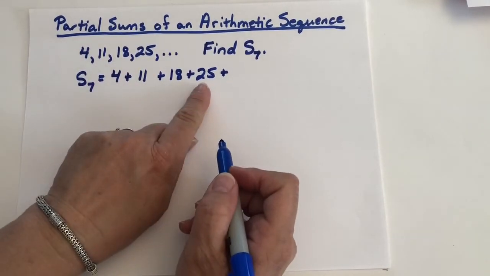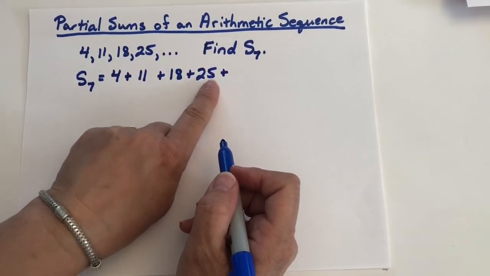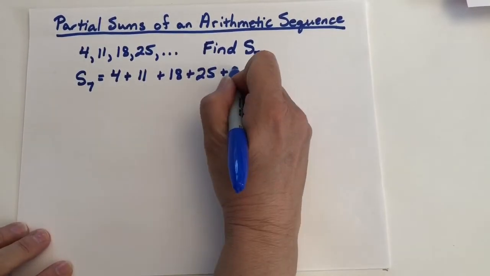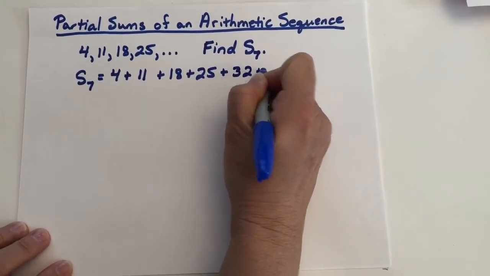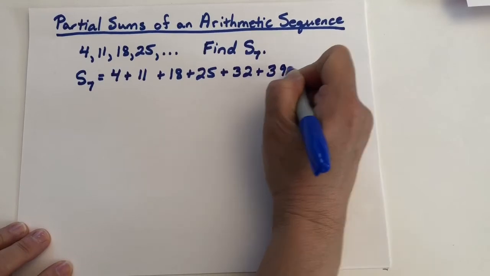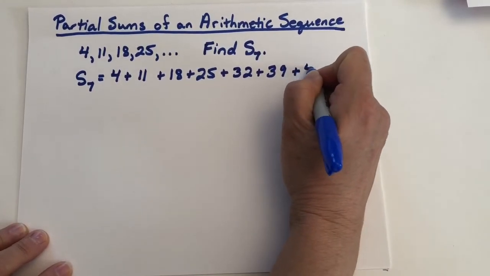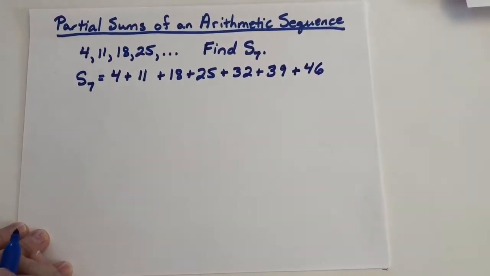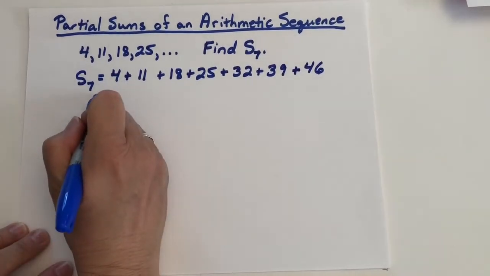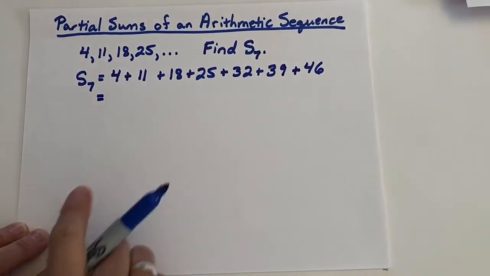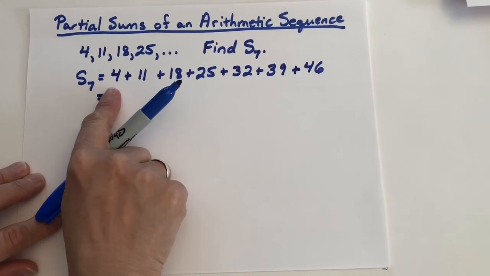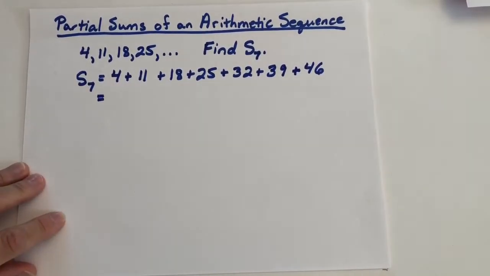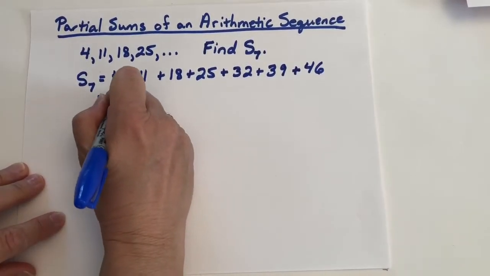So if the 4th term is 25, the 5th term is 32, and the term after that is 39, and the 7th term would be 46. And then we can simply grab a calculator or just go through and add left to right in our head, and we'll find that that sum is 175.